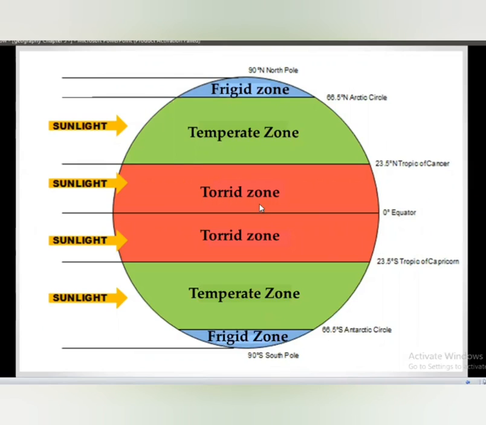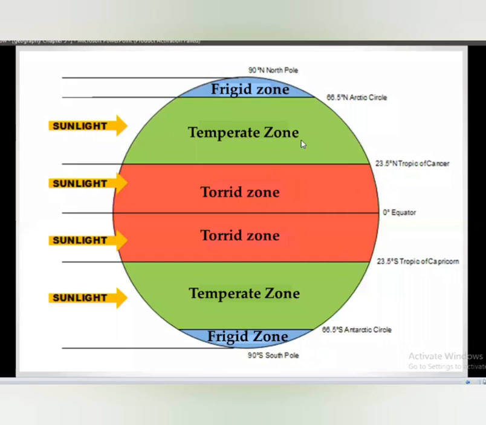So, the zones in which the earth is divided are torrid zone, temperate zone and frigid zone. Torrid zone is the area from Tropic of Cancer to Tropic of Capricorn.